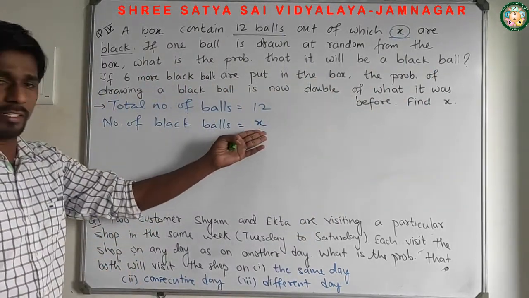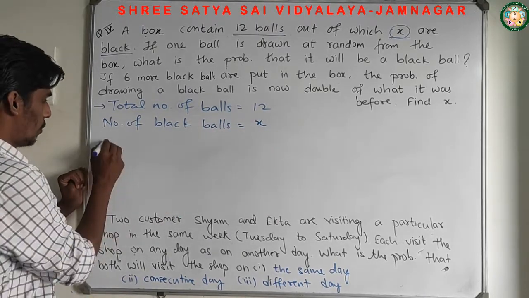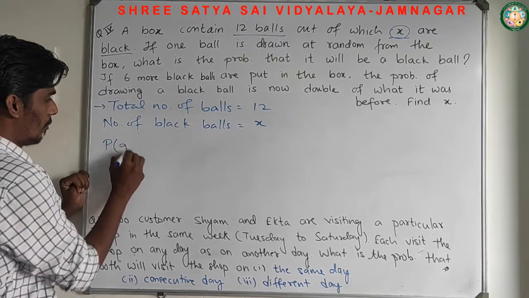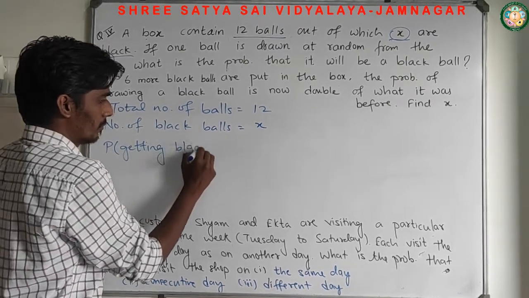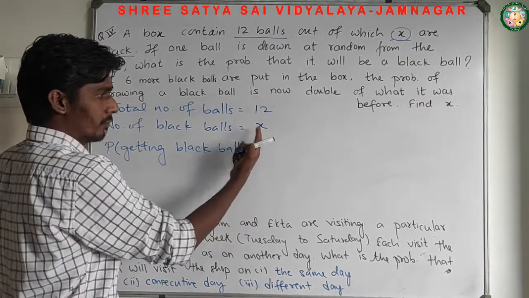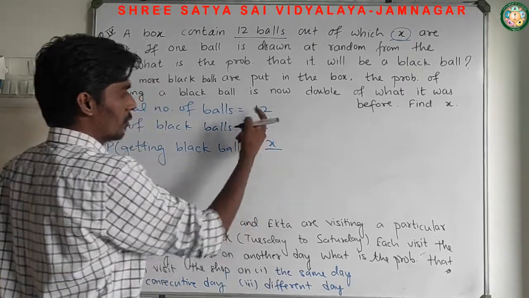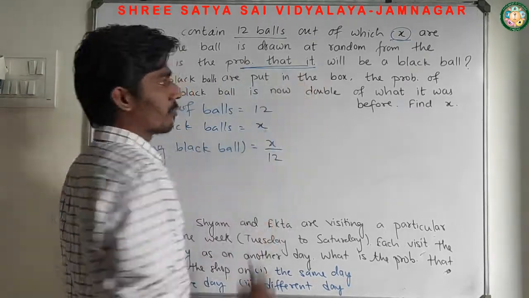Here the number is given in variable form, so the probability will also be in variable form. So the probability of getting a black ball: favorable outcome is X, total outcome is 12. So this is the first part of the question done.